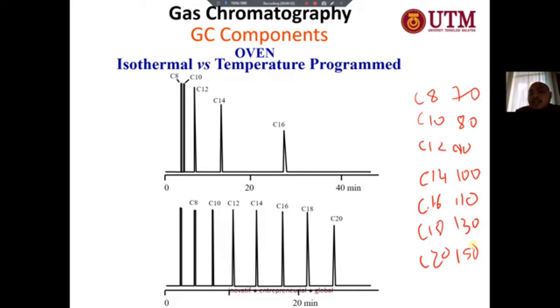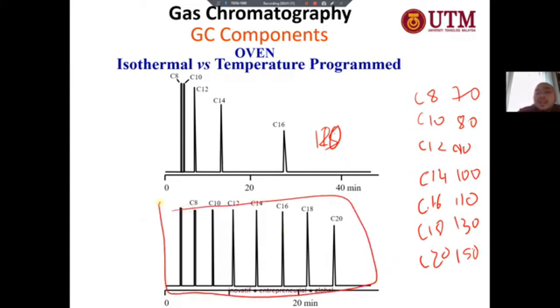Maybe here he just runs isothermal at 115 or 120. So what happened? C18 and C20 will be stuck in the column. They will not be eluted. So only after you apply the temperature programming can you analyze them.